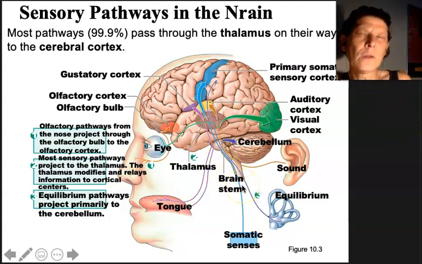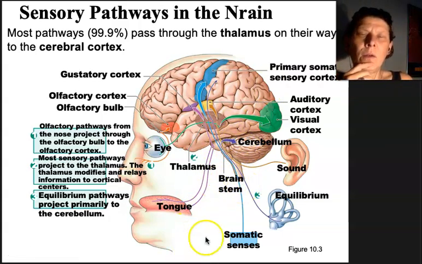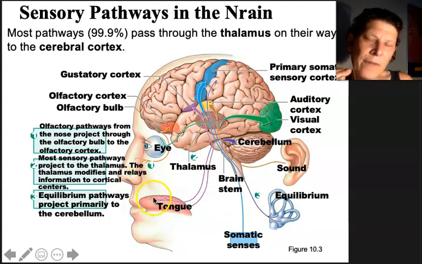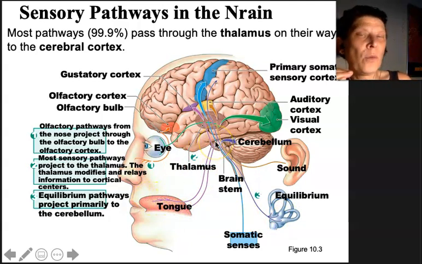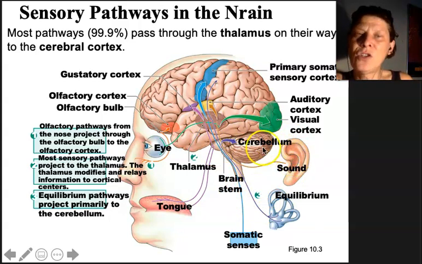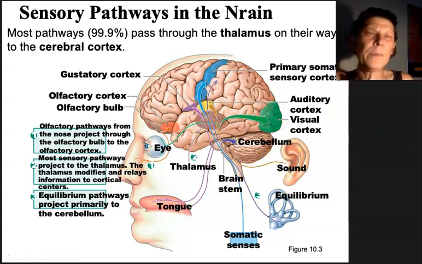So some special sensory receptors and organs like the eye or the tongue or hearing and even equilibrium, their afferent fibers transmit either into the brainstem or into the thalamus. So they're not utilizing the spinal cord, and that has to do with their location, proximity to the brain.